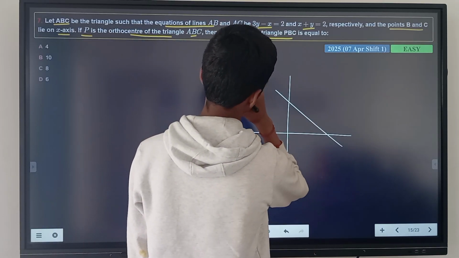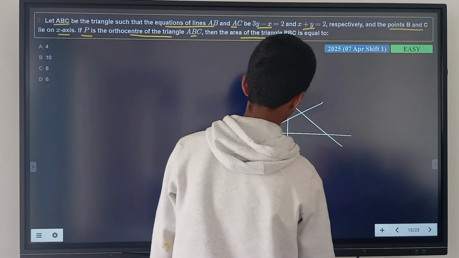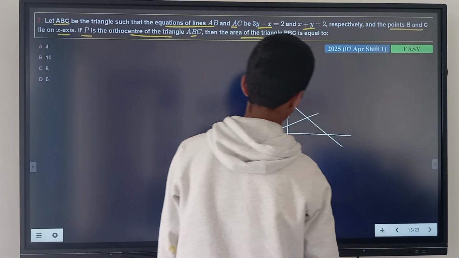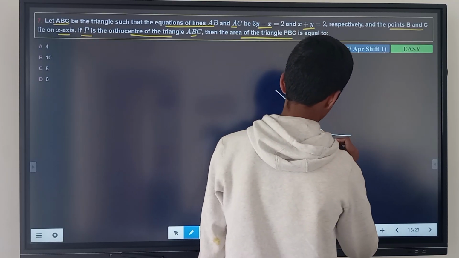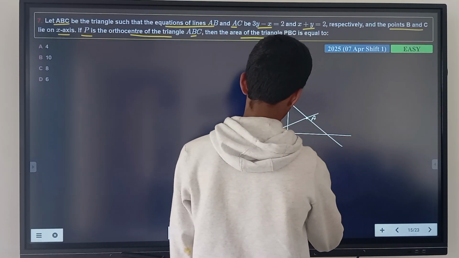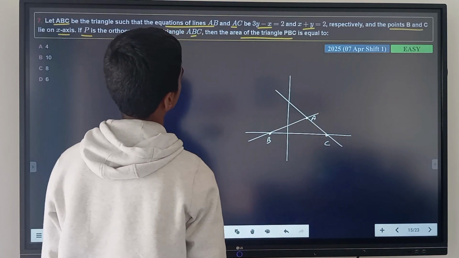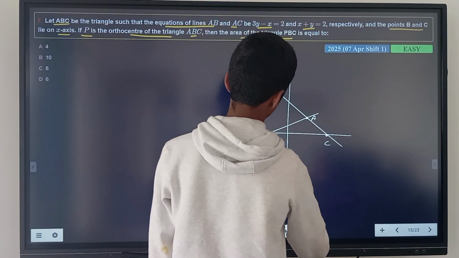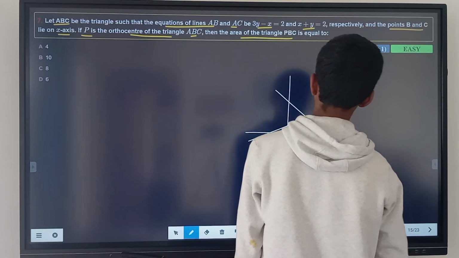This will be like this. Now this point is our A. This point, let's say, is B. This is C. Our point B will be (minus 2, 0). Point C will be (2, 0).